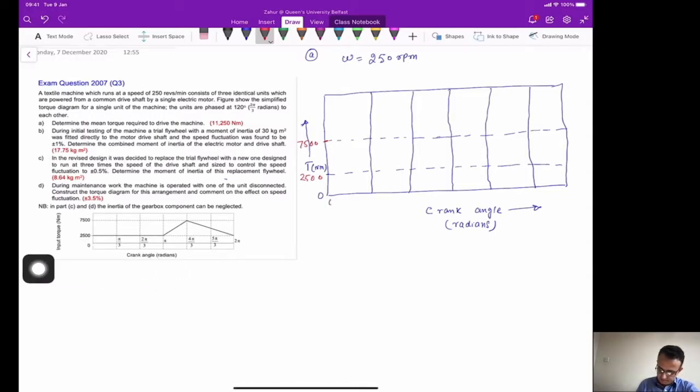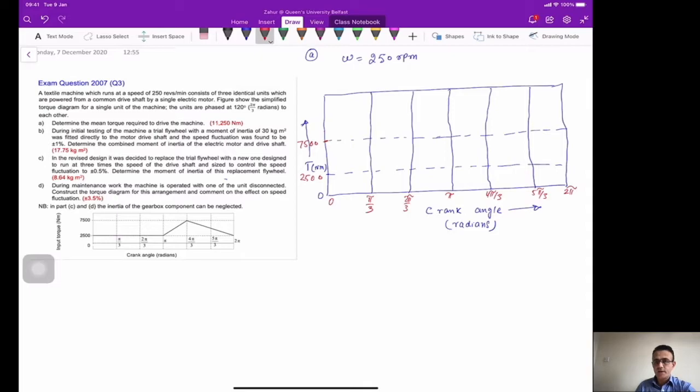So the angles here are 0, then pi by 3, 2 pi by 3, and 3 pi by 3, which is pi here, and then 4 pi by 3, and 5 pi by 3, and finally 6 pi by 3, which is 2 pi here.